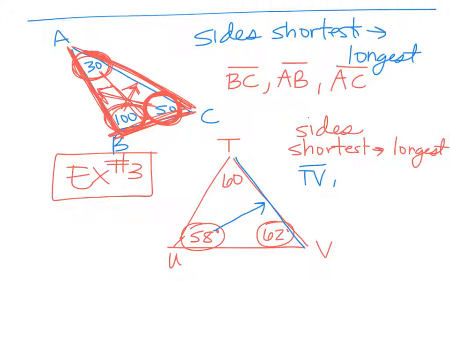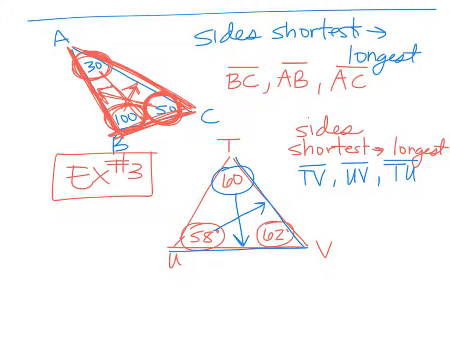What one would come next? UV. 60 would be the next smallest angle. Across from that is UV. So what's my longest side? TU. Okay, so you're just listing them in order, shortest to longest or smallest to largest if it's angles. Questions on that?